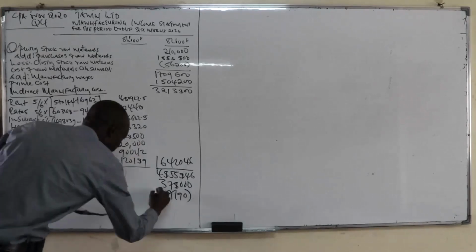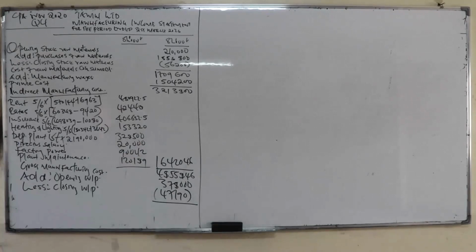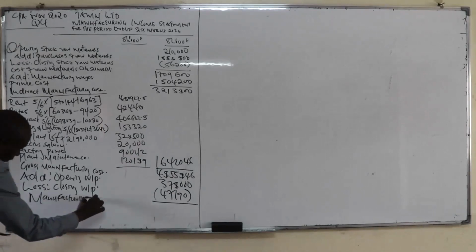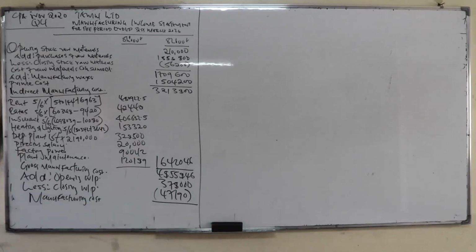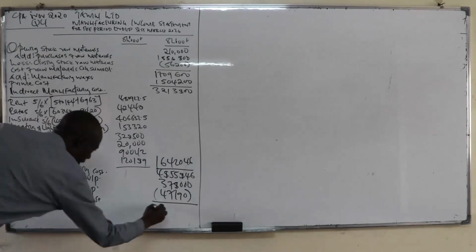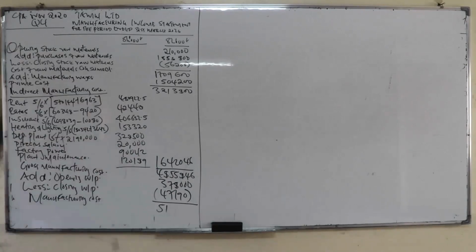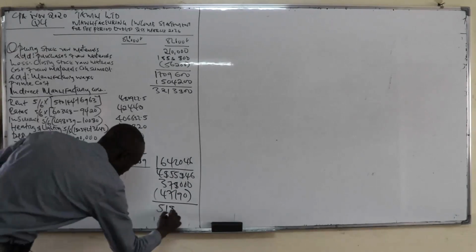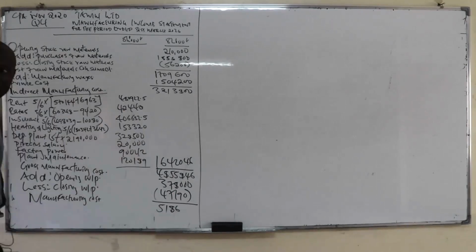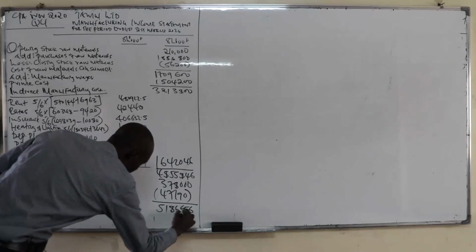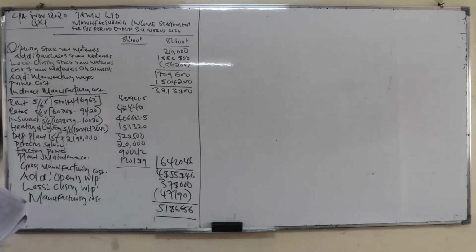And then you get the manufacturing cost or production cost. How much do you get? 5,186,656. So up to that point, that is the manufacturing statement or the manufacturing account.